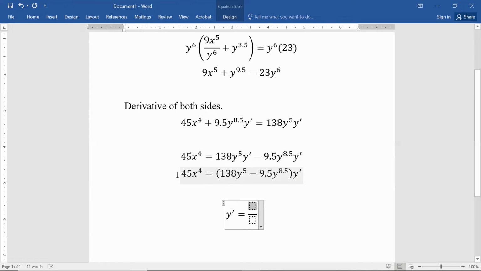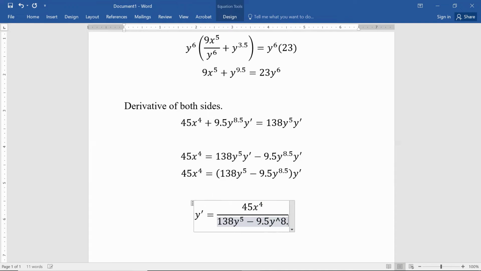That fraction has numerator 45x to the 4th, and it has denominator 138 y to the 5th minus 9.5 y to the 8.5 power. And that's how we can use implicit differentiation in hard cases to figure out a y prime at any point. I should say any point where this y prime exists.